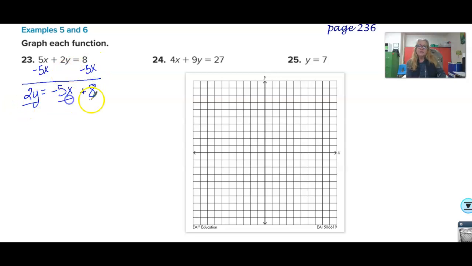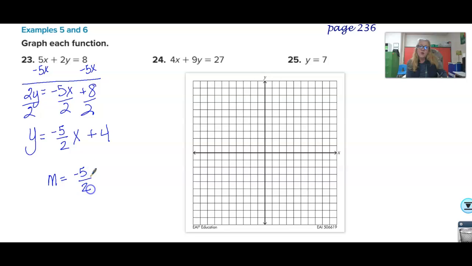My last step then is to divide each term by 2, which gives me y equals -5/2 x plus 4. Okay, so our slope is -5/2 or +5 over -2. Okay, it's your choice. Our y-intercept is +4.